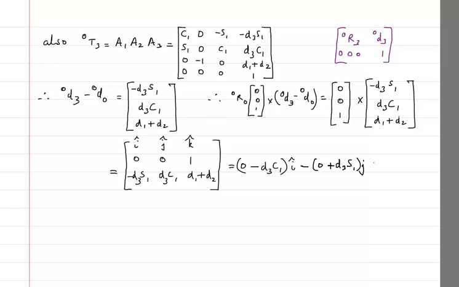As you can see here, k is going to be all 0, so it is plus 0 k. This can be written in vector form as minus d3 c1, then minus d3 s1 and 0. So this is what is going to be the answer for this particular portion.